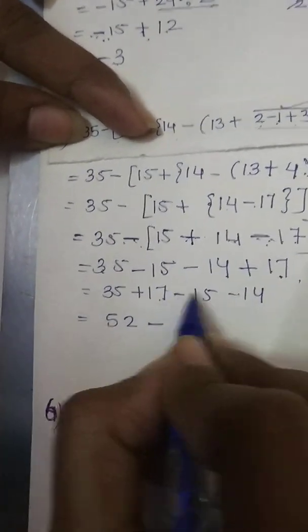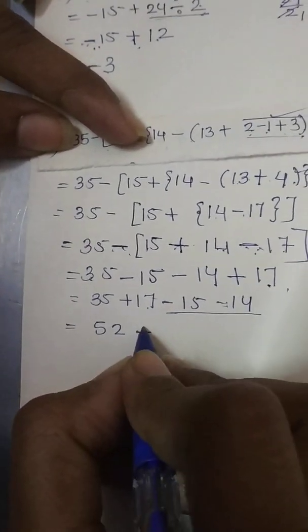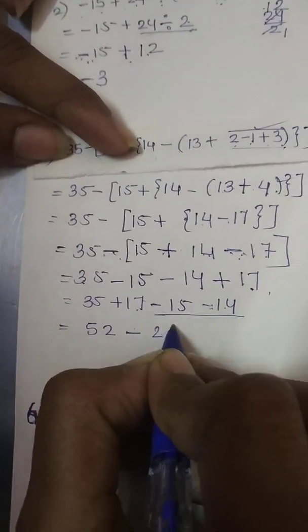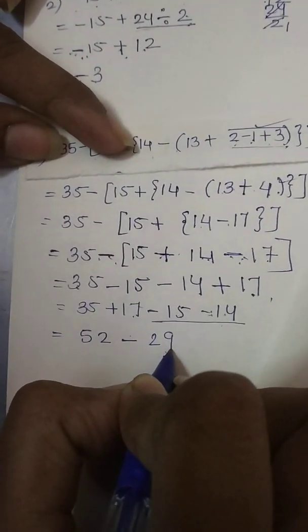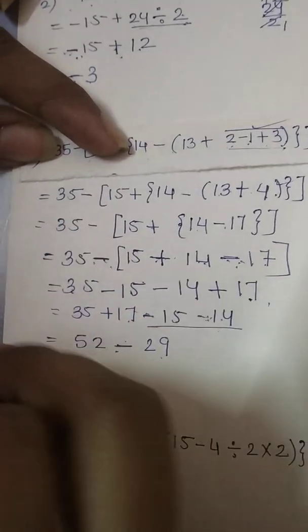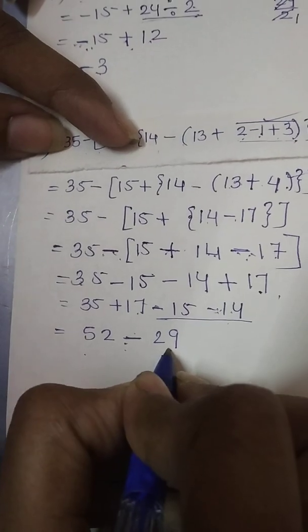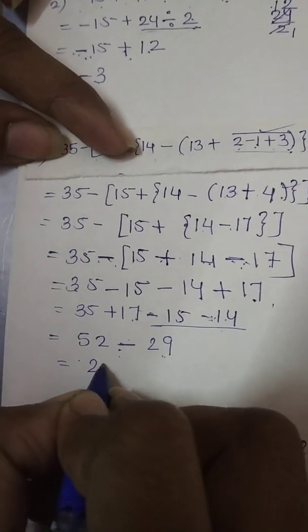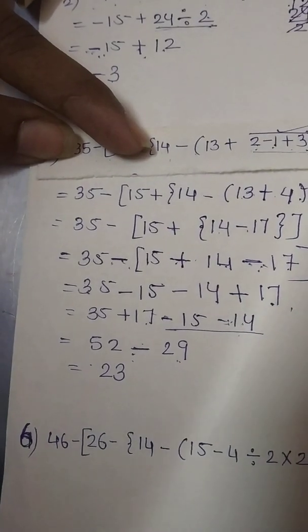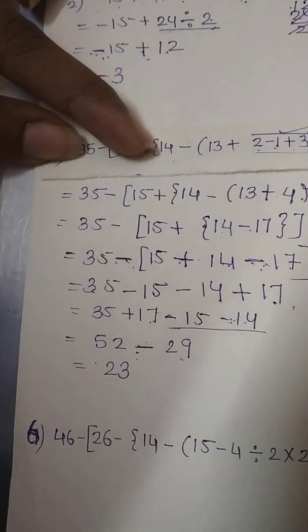Minus minus will become plus and the sign of the greater number. So 15 plus 14, 29. And here minus, the sign of the greater number will come up here. So 52 minus 29, 23. Hope you are clear with it. Now the next sum.